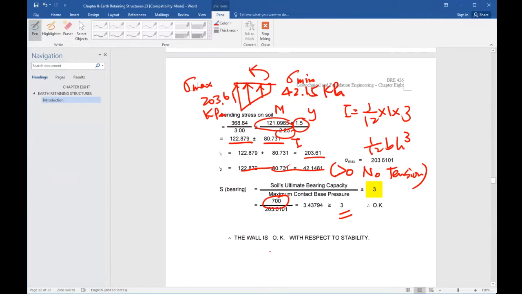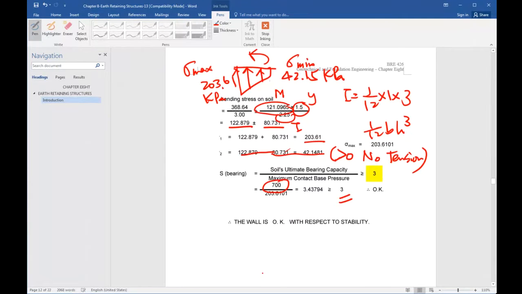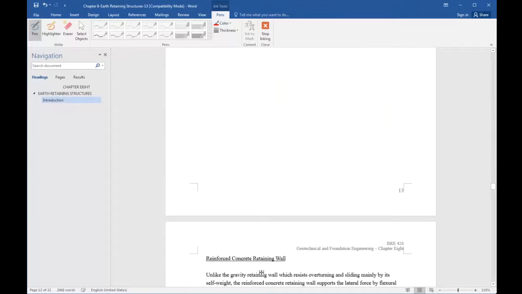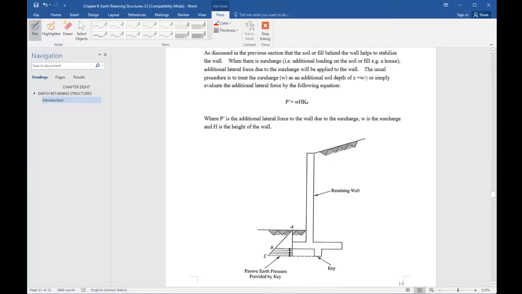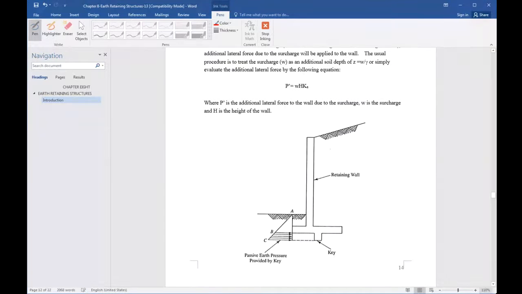Can you follow the calculation steps? Yes or no? Okay or not okay?